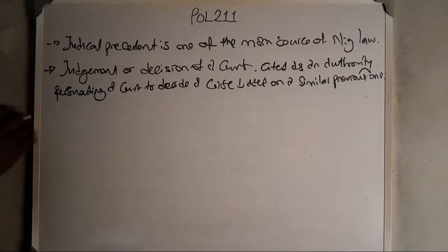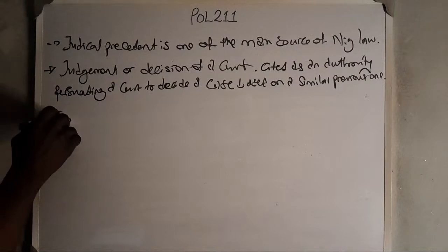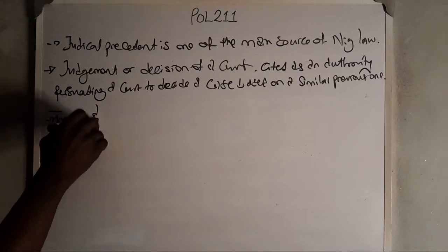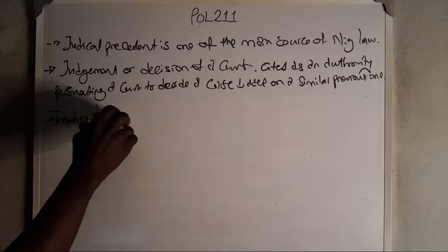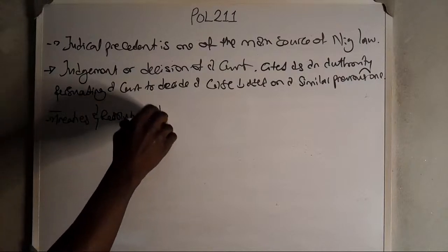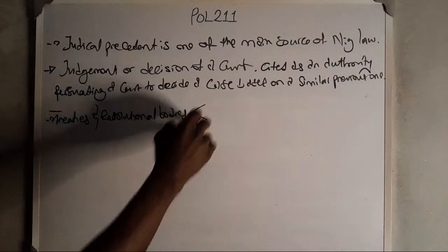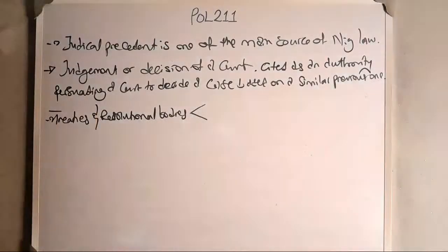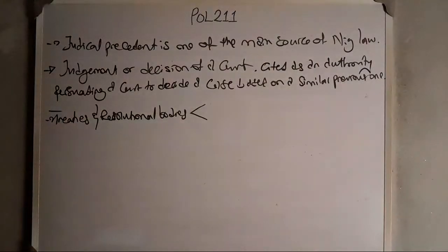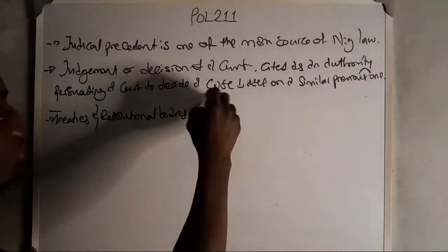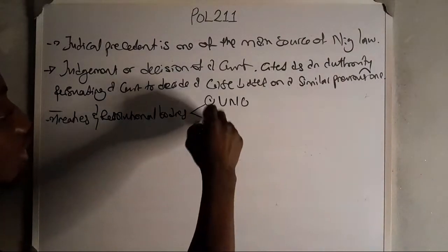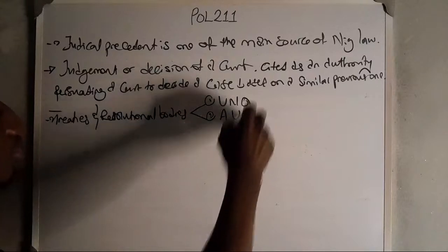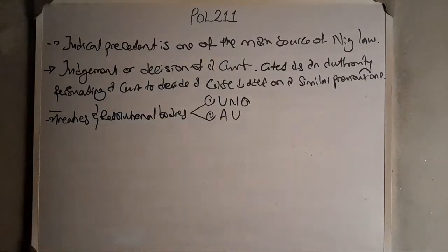UNO is an acronym for United Nations Organization.